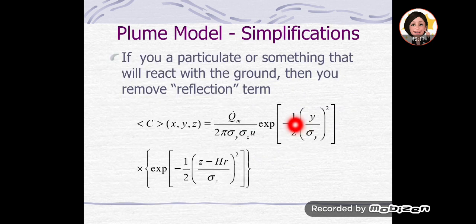If we do not have a particulate, that means we do not have something heavy that could hit the ground and reflect, or if we have particles that will react with the ground, then it doesn't reflect, or there are no particles that will reflect, that means it's all light gases, then we can actually remove the reflection part.